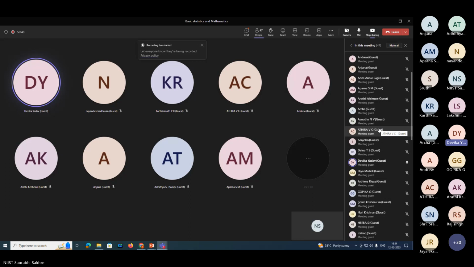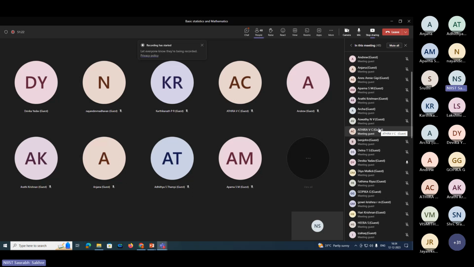Sir, interval data is where we can put things in a category-wise manner, and ratio data we cannot put category-wise. Actually, that is nominal and ordinal. Okay, no issue. I'll share the recording, you just see. Then we'll see. Okay, Devika. Yes, sir.